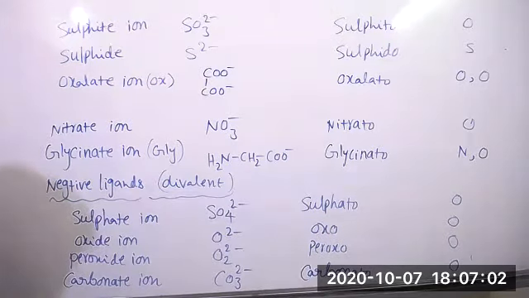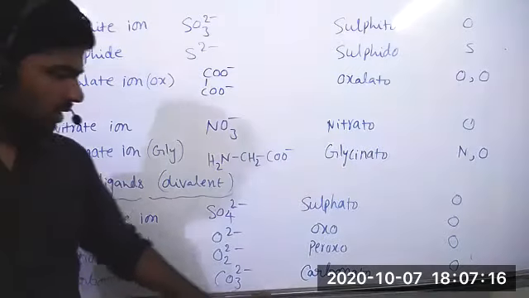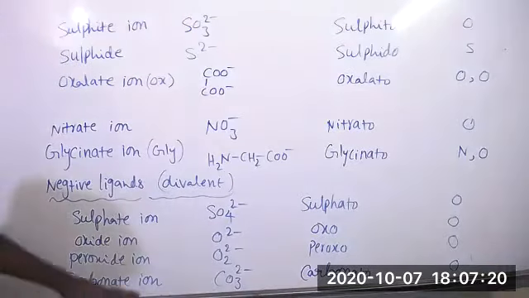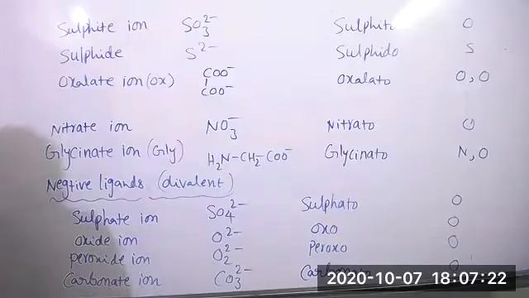Sir, in carbonate ion, O is small, sir. Carbonate ion. Here, oxygen only, only one bond it is forming. It's a normal oxygen, not carbon.